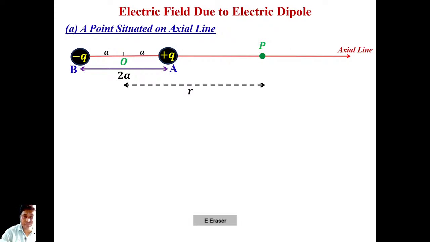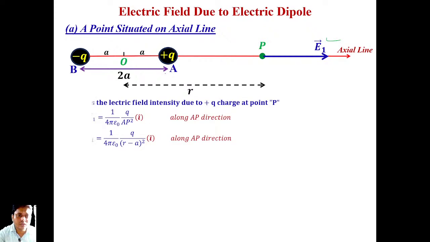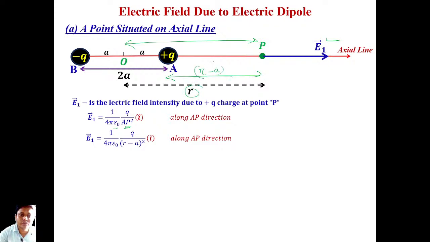Suppose E1 is the electric field due to this positive charge, then its value will be 1 by 4 pi epsilon 0, times the distance squared, that is AP squared. If OP is the distance r, then AP will be r minus a.